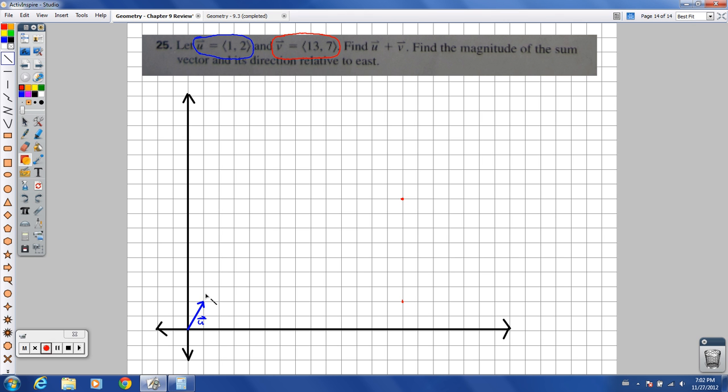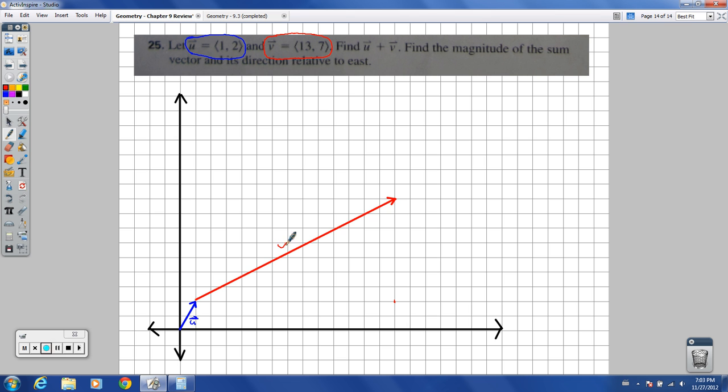So we're ready to go here, starting where we left off with u, and we're going to that point right here. So this is vector v. That's that vector. And so what is u plus v? I'll do that in green. u plus v is these two, in a sense, added together.